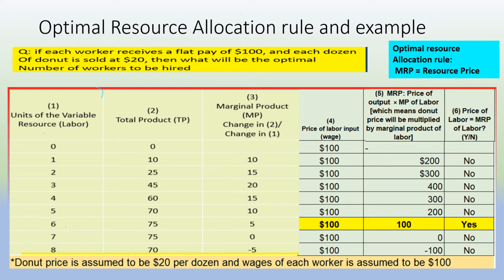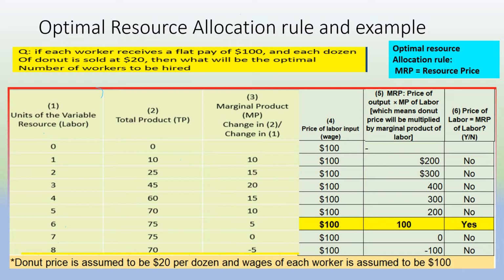Column number 3 is measuring the marginal product of a particular worker. For example, worker 1 has a marginal product of 10. How did we find that? We took the difference in total product between when there were no workers and when there is 1 worker.